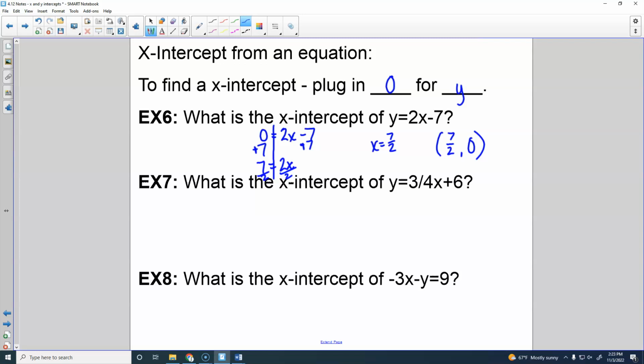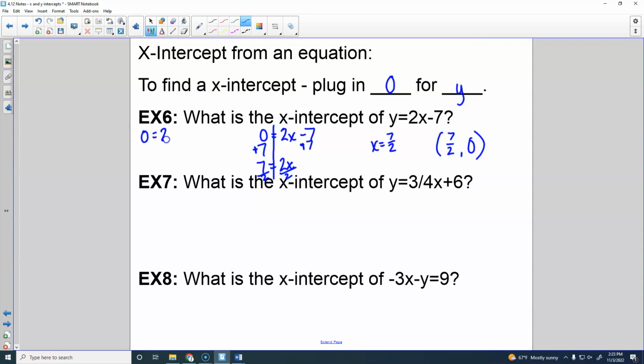Okay. Takes a little more work for those if it's solved for y because you got to solve the equation a little bit more. What do you mean by that? I mean, you could do it that way.